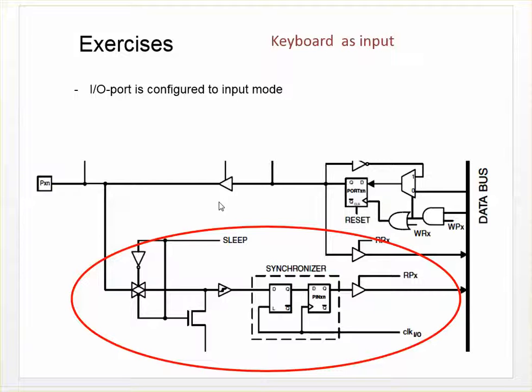And here's the real circuit from this AVR processor. That was the output part of this I/O port, and here's the input part of the I/O port. Here is this 3-state buffer.